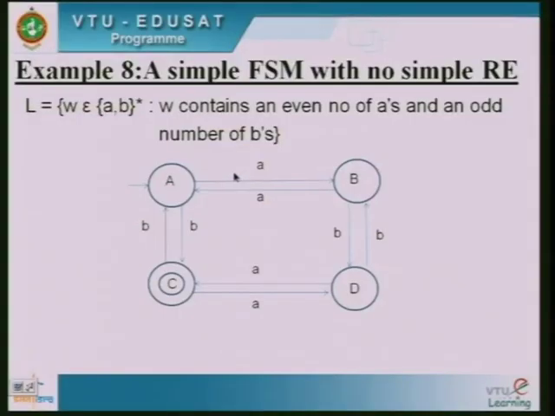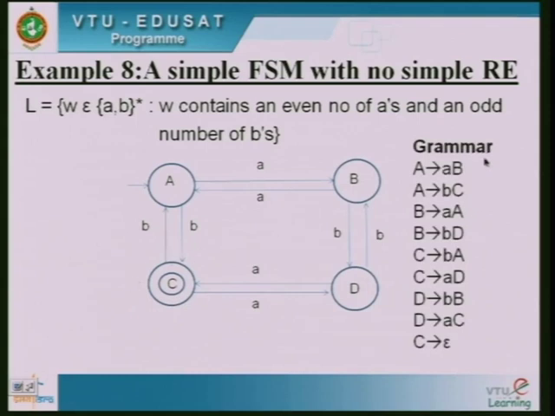Okay. So, if you consider the FSM, the FSM will be of this type, which contains 4 states, and we have made C the accepting state. So, this will be the grammar.